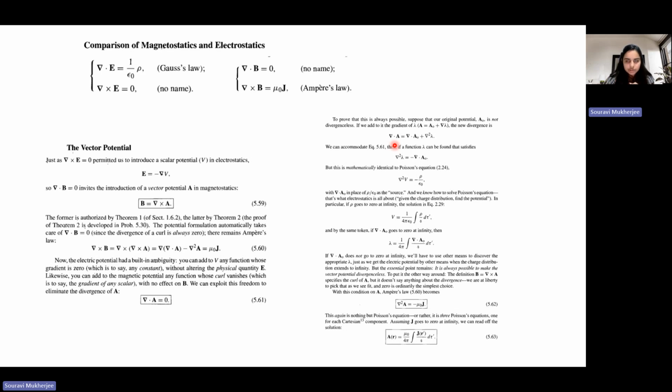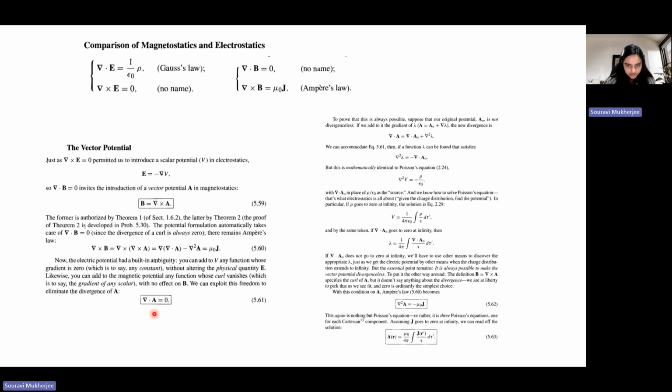So that tells us what your lambda should be. Your lambda should satisfy this condition, right? So if you know A naught, your original potential, you can add a lambda which satisfies this condition, which would make your new potential divergence less, right?